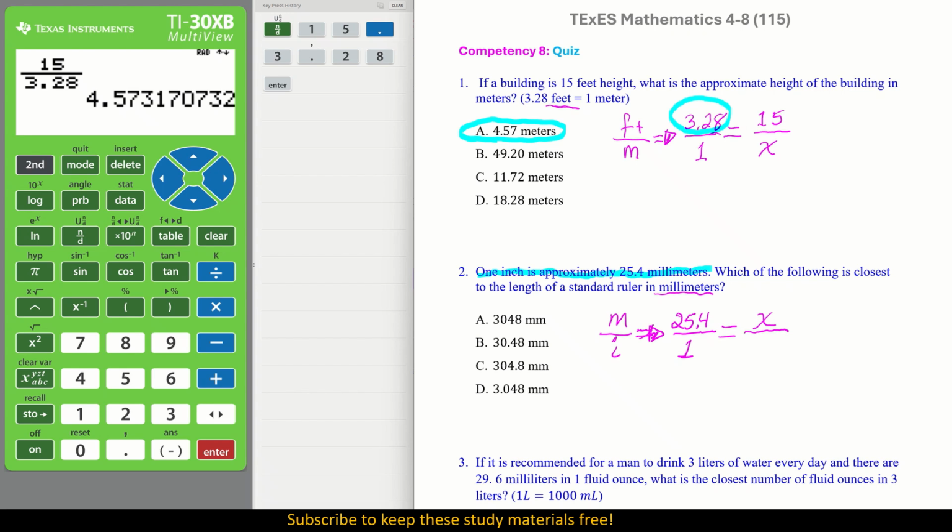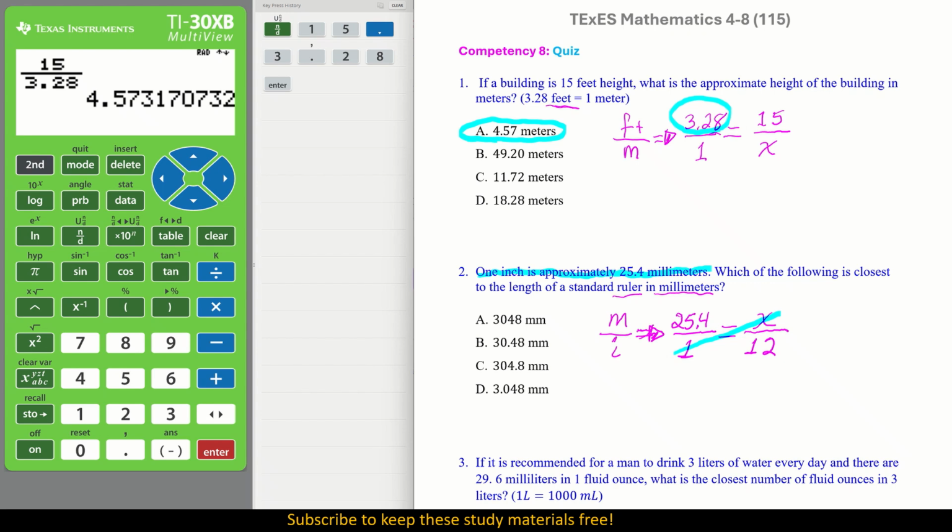Inches. And they talk about a standard ruler. Don't you know how many inches are in a ruler? Obviously, 12 inches. And this is pretty simplistic because it's very convenient actually. I have 1 across my x, so dividing by 1, I'm not even going to bother.